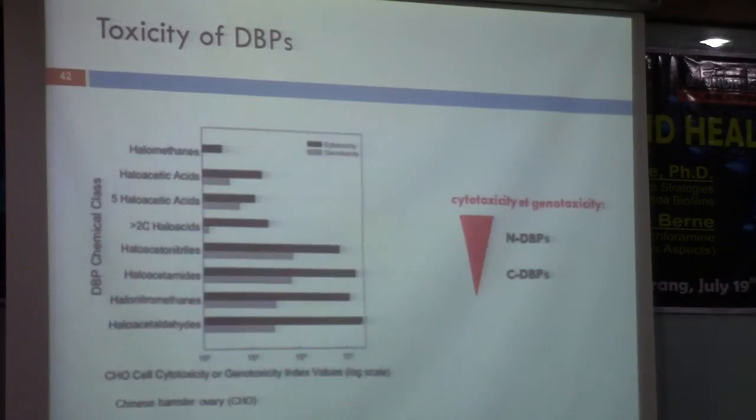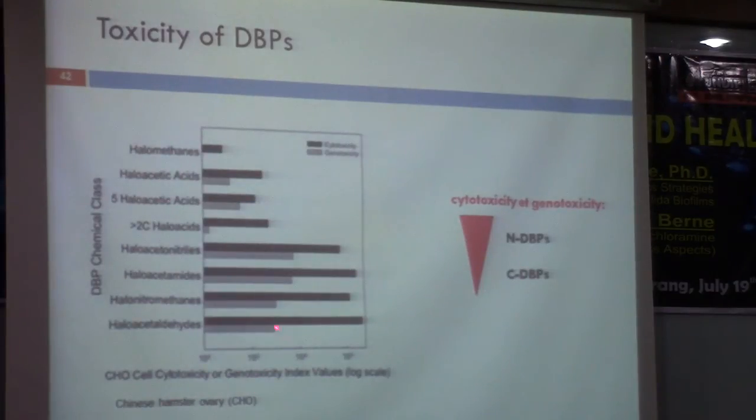And another word about the toxicity. We are now interested in nitrogenous disinfection byproducts because studies have shown they are more cytotoxic and more genotoxic than the corresponding carbonaceous DBPs.